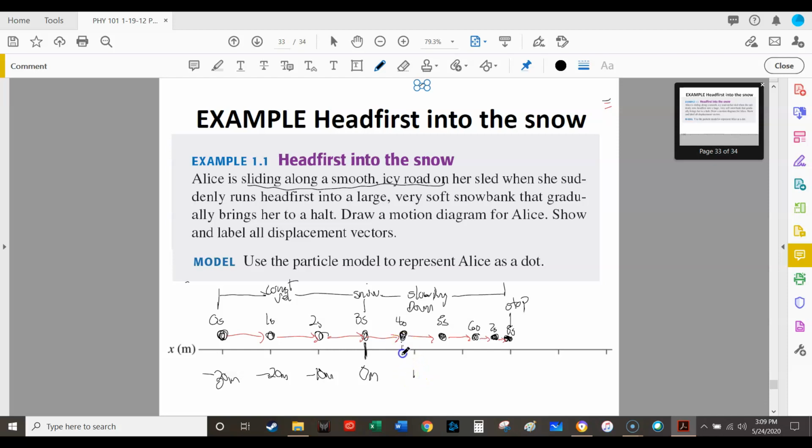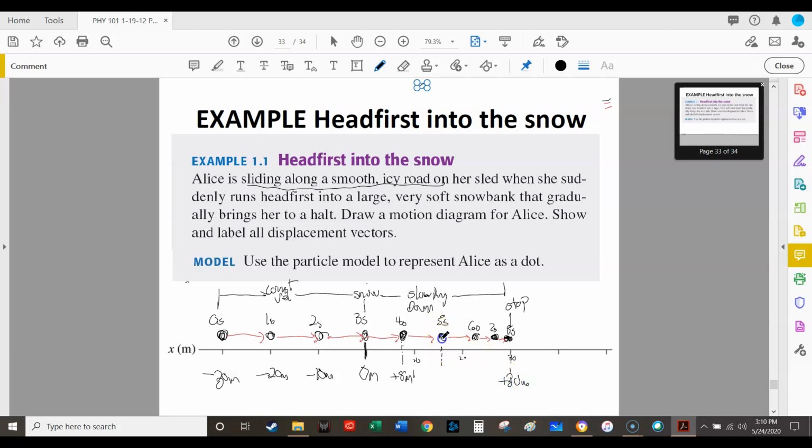Let's say she's at positive 8 meters when she starts slowing down, then this is positive 10 meters, this is 20 meters, and this is 30 meters. She comes to a stop at the 30 meter mark.